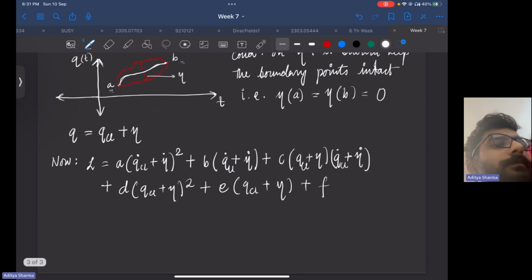Now we'll expand this and keep things up to first order. q classical dot eta dot. Up to first order, this is what it is.